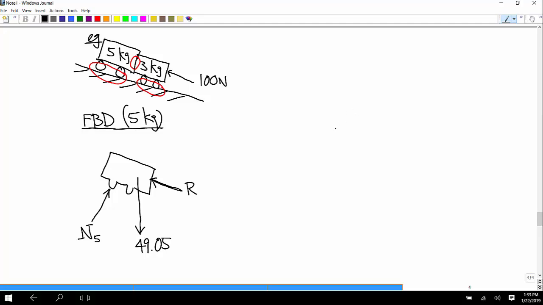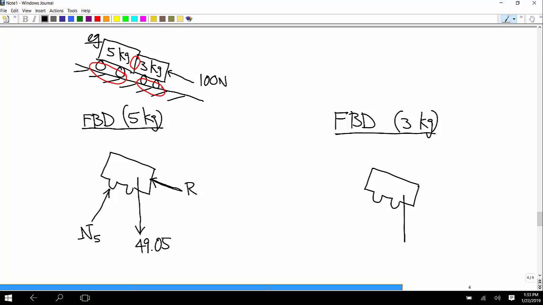And then a free body diagram of the 3 kilogram cart. There's the outline. There's a weight force of 3 times 9.81, so 29.43.